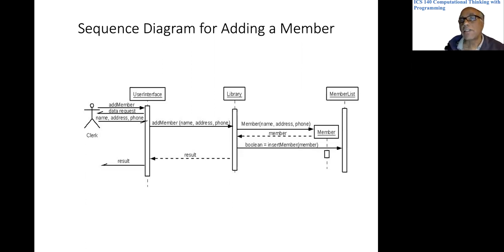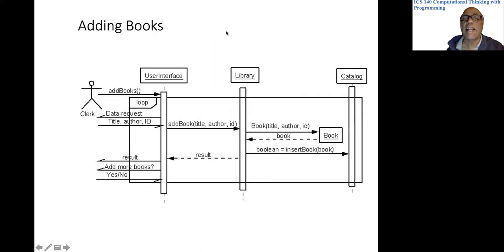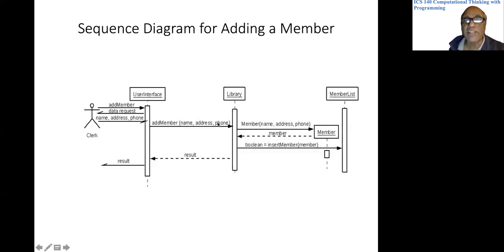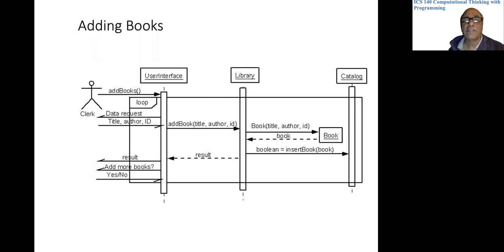The next sequence diagram is adding books, and this is very similar in some respects to adding a member, because we have some common agents like the clerk and the user interface and library.